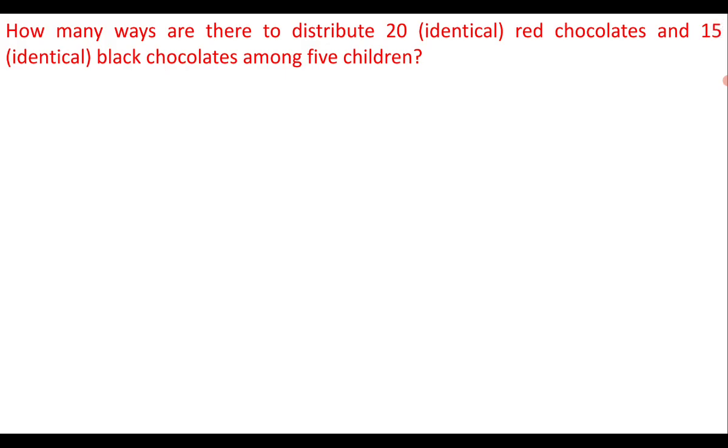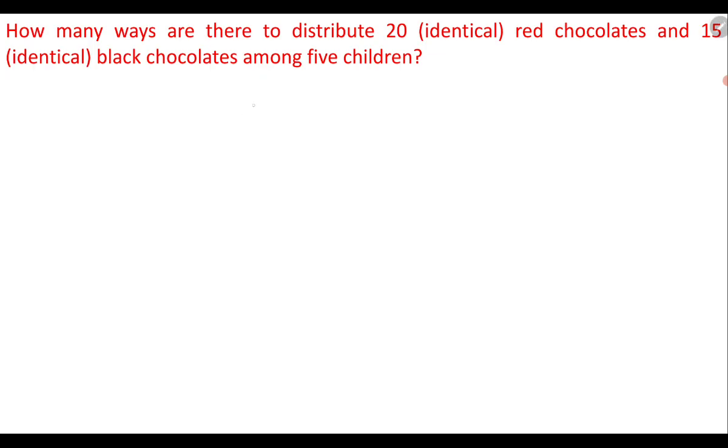So let's try this question. How many ways are there to distribute 20 identical objects among 5 children? What we have just discussed, the distribution problem, was for distinct objects. In case of identical objects, it becomes the selection with repetition.